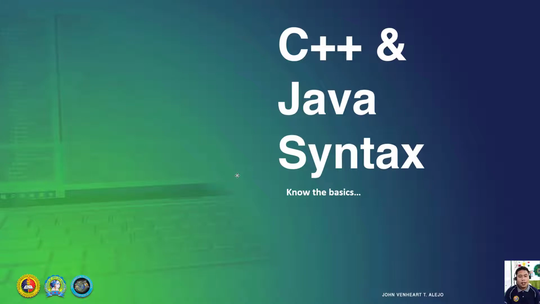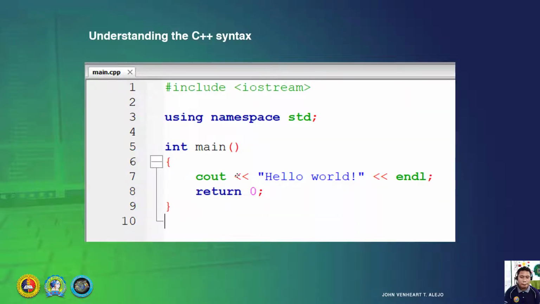Okay, so we will now go to the C++ and Java syntax. First, in creating a C++ program in Code::Blocks, this is the default program.